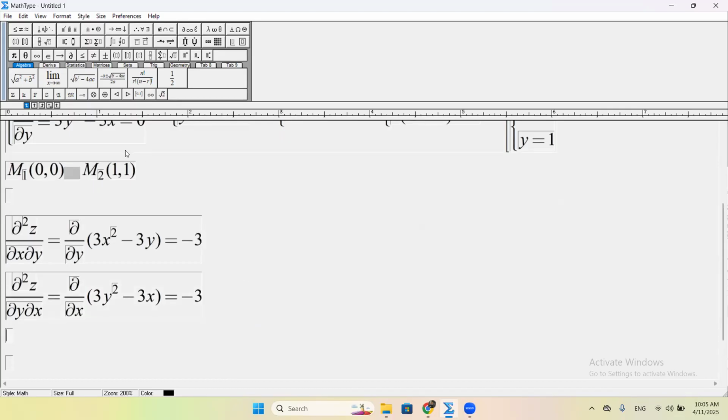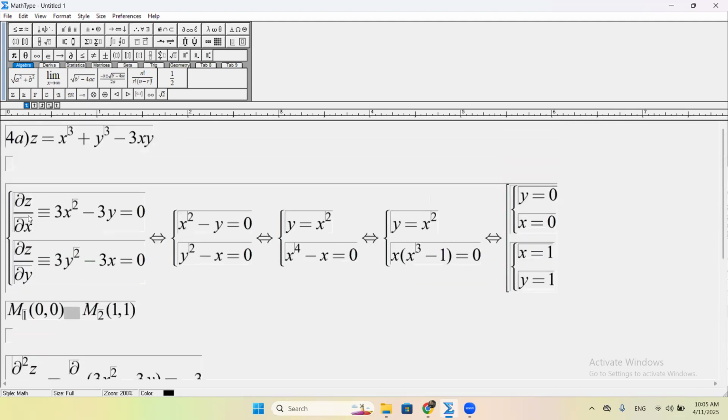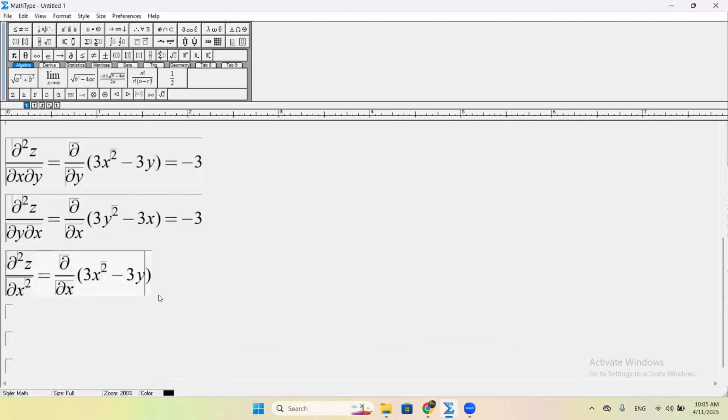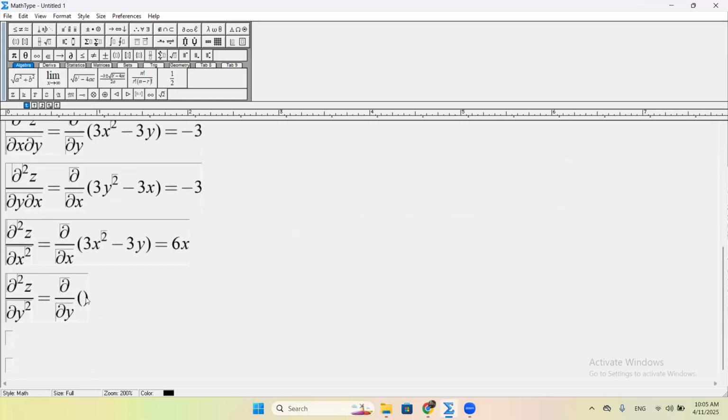Now, let's find the pure derivatives. So we will differentiate this expression, and it will be equal to 6x. Then the second pure derivative by y will be equal to 6y if we differentiate this expression.